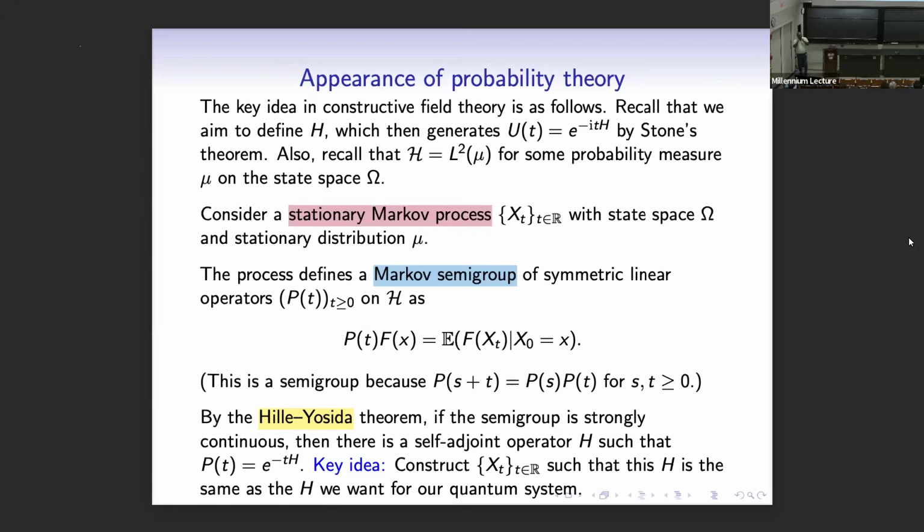So the idea in constructive field theory is that instead of trying to construct this path integral and this quantum system directly, what you do is you construct a Markov process which heuristically would have the same generator, same Hamiltonian, same H as the quantum system that you want to construct.